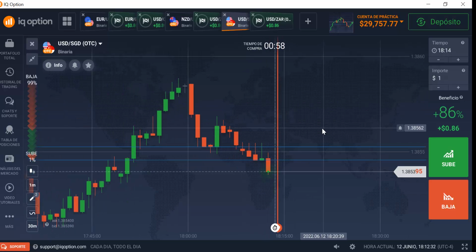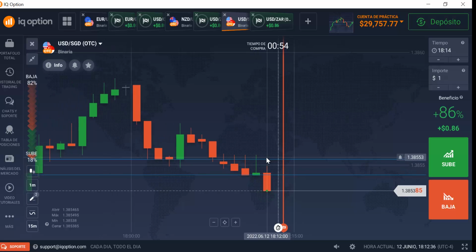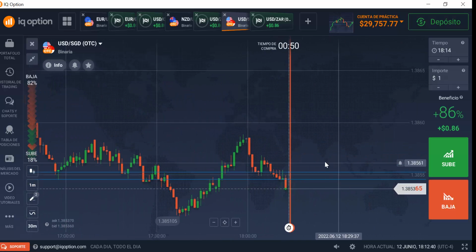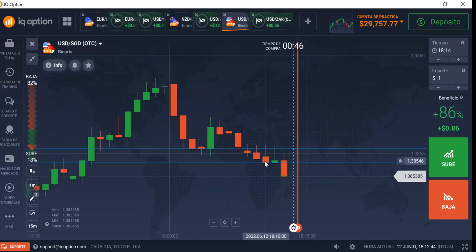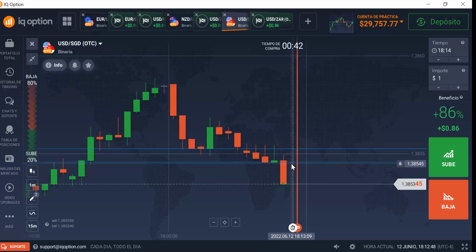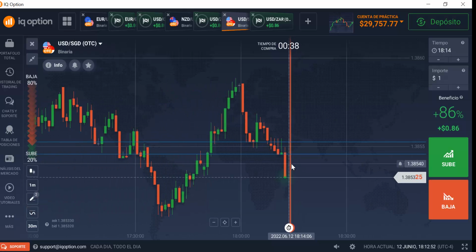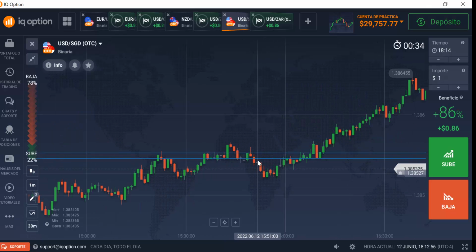Okay, right here it created... Okay, let's see. Okay, that's a big candle. So what I'm gonna do now is, now it broke the level, right? So I'm going to wait for the next candle to see what's gonna happen. It's going down here, so I need to check this level.